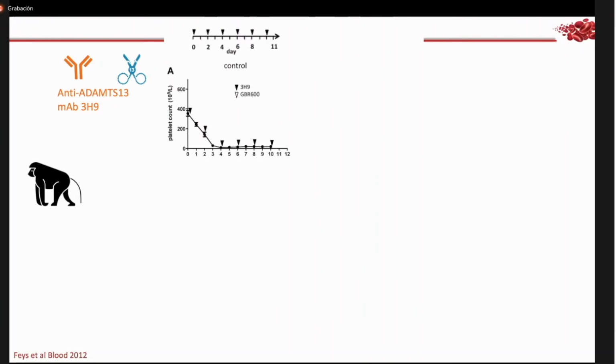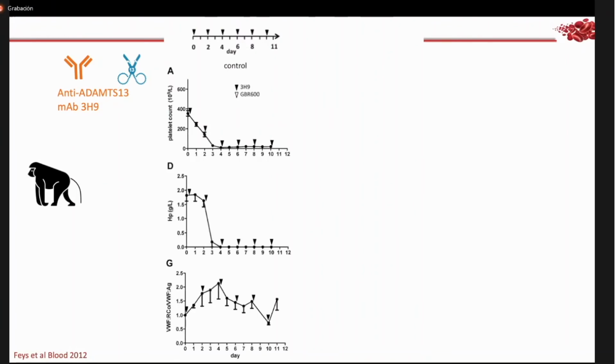So we have the control baboons, we inject the antibody to create ADAMTS13 deficiency, and as expected, we have TTP signs and symptoms, severe thrombocytopenia, hemolytic anemia. And this graph shows you the interaction between the VWF and the platelet, and you see that this is quite constant. Of course, there is no inhibition of interaction between the VWF and the platelet because we did not inject any extra antibody.